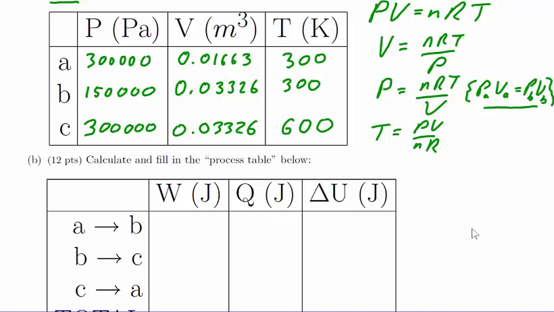Because temperature is related to internal energy, when you don't change the temperature, you don't change the internal energy, and therefore the change in internal energy from A to B is 0, meaning that we can calculate either Q or W and know the third because we'll have 2 out of 3.